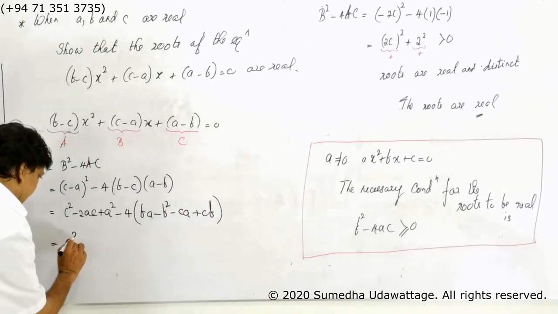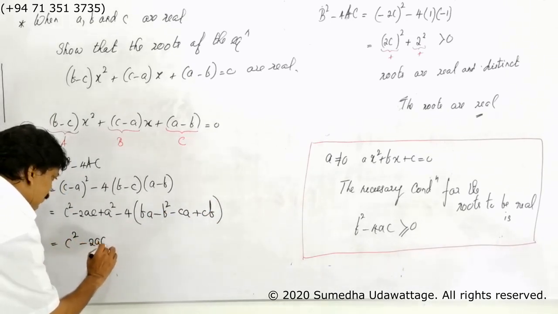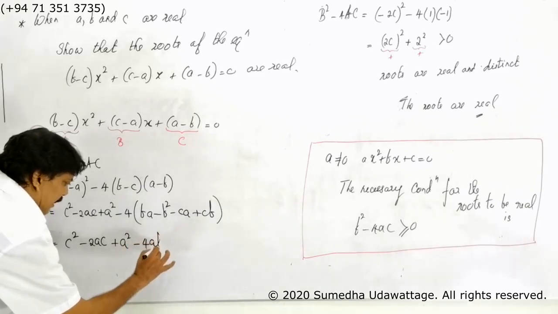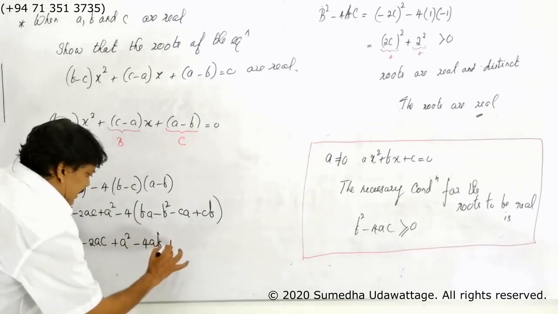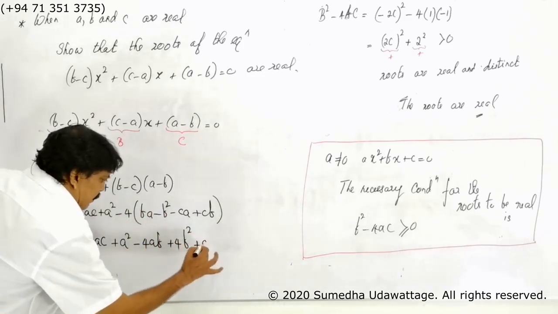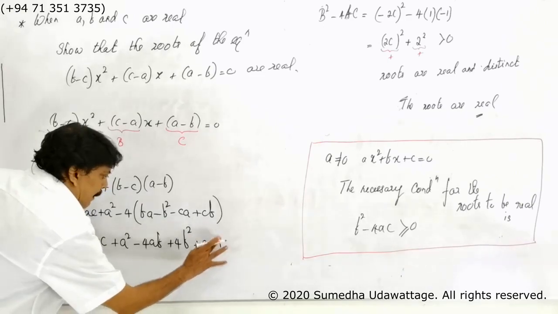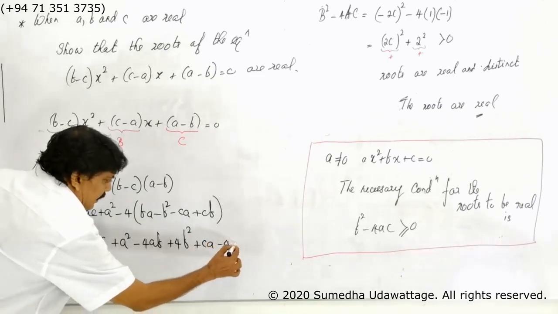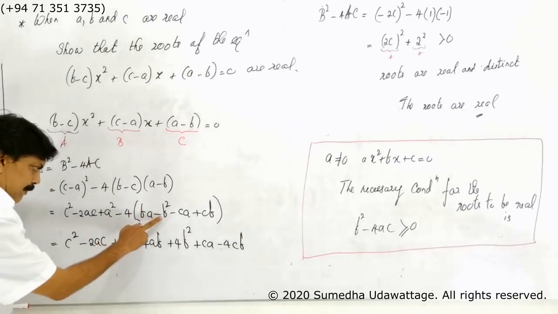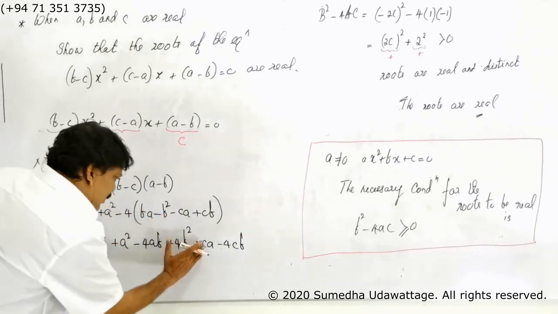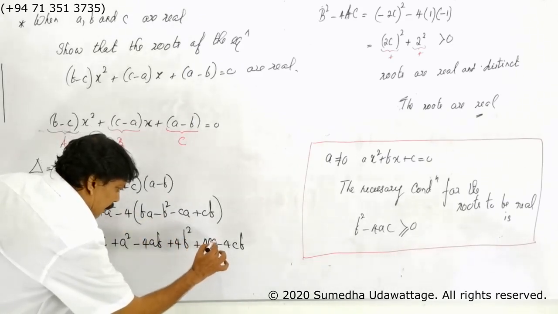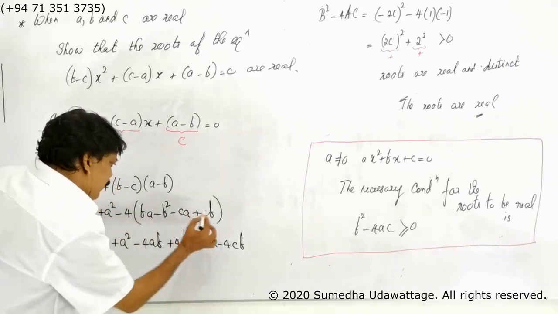Then you get c square minus 2ac plus a square minus 4ab, minus into minus is plus 4b square, minus into minus is plus 4ca, minus 4cb, minus 4ab plus 4b square plus 4ca, minus 4ab.